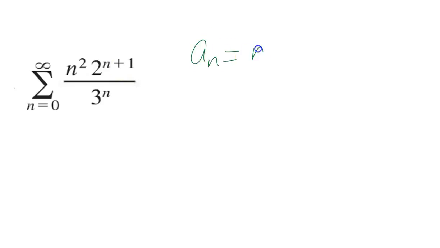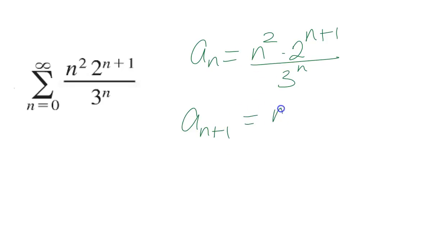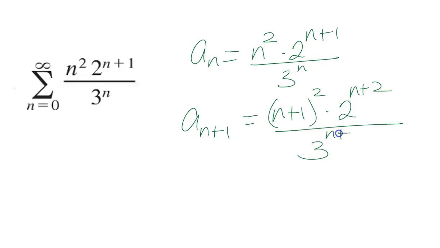So a_n is n squared times 2 to the power n plus 1 over 3 to the n. Okay, what's a_(n+1)? Go ahead and replace all the n's by n plus 1. n plus 1 plus 1 would be n plus 2, and 3 to the power n plus 1.